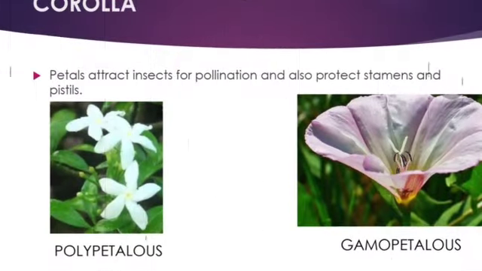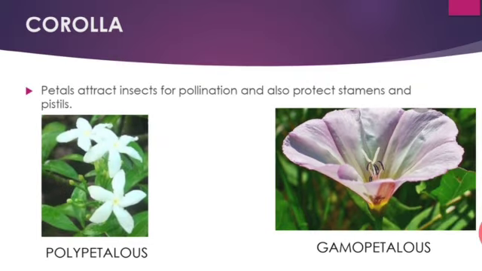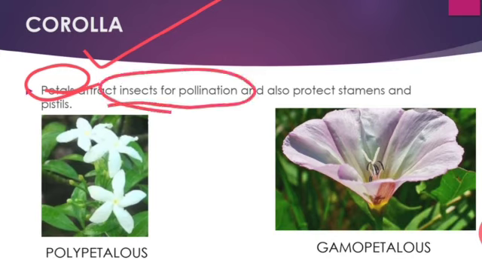Now moving on to the next part, that is corolla. Corolla are the petals. Petals collectively are termed corolla. What is the function of corolla? They attract insects for pollination, and also they protect the stamen and pistil, the reproductive parts of the plant.